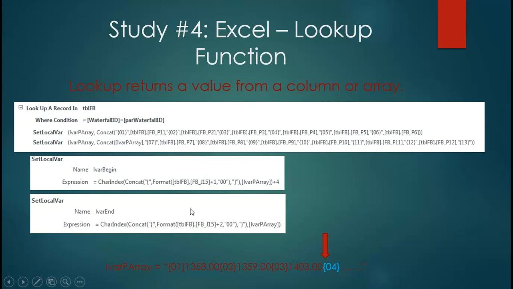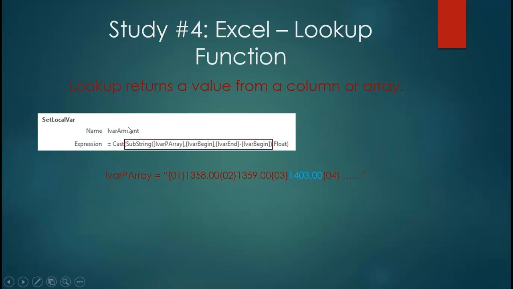Now we need to figure out where the end of it is. We do the exact same thing, except this time instead of adding 1 to our value, we add 2. So instead of looking for 3, we're looking for 4. That picks us out to the end of the number. Then for the amount that we're looking for, we're going to use the substring function.